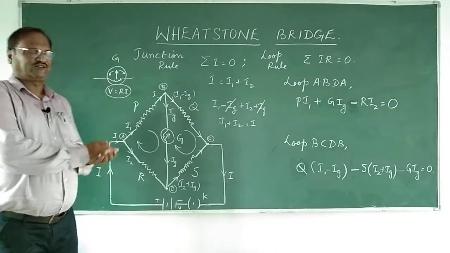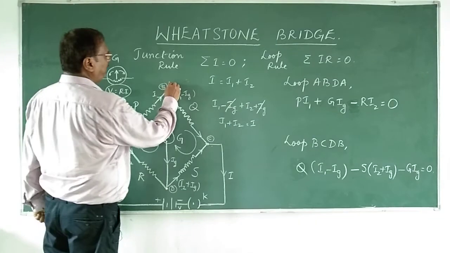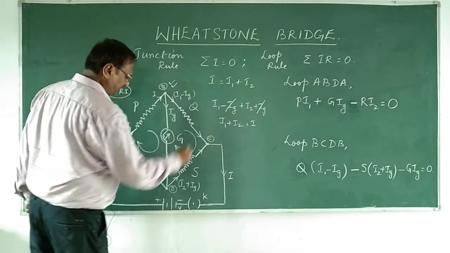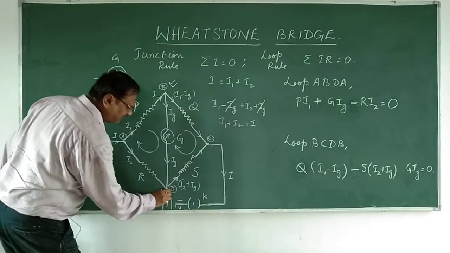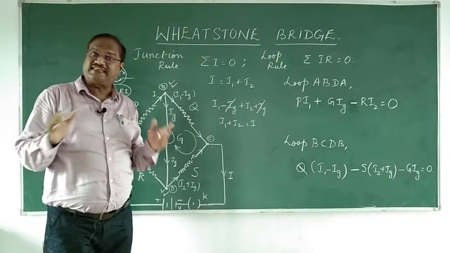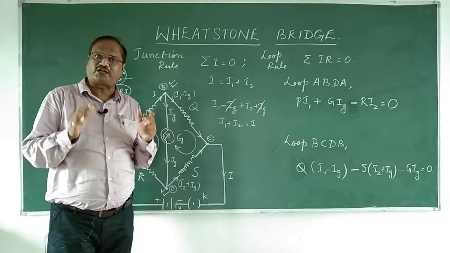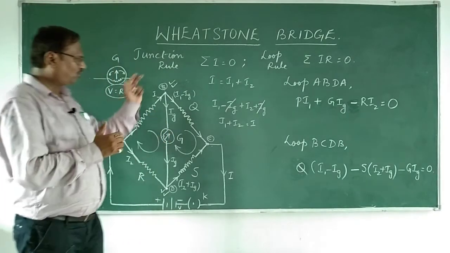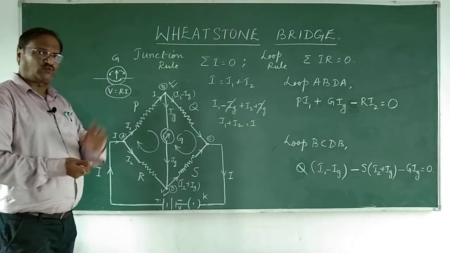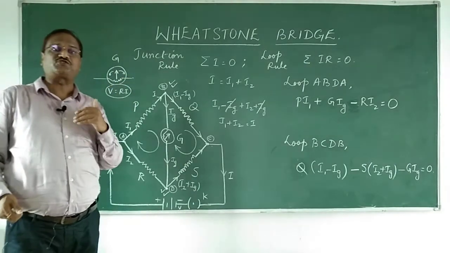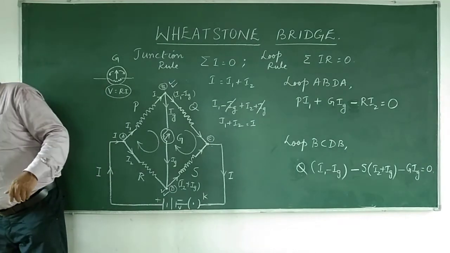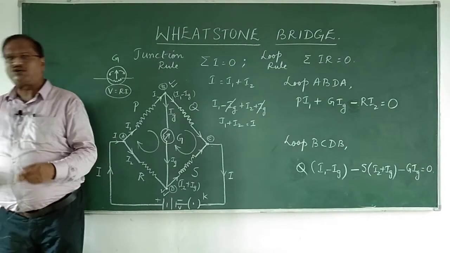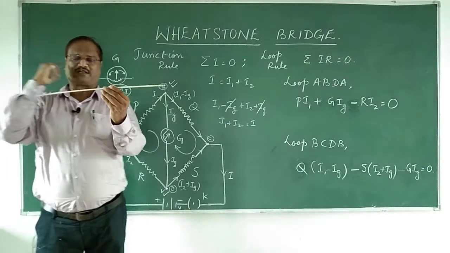Now, we take a special condition. What is that condition? We are going to set the potential at B and potential at D as same, equal potential. So if it is equal potential, then what will happen? What is the consequence of it? I can show it to you with the help of a small model.